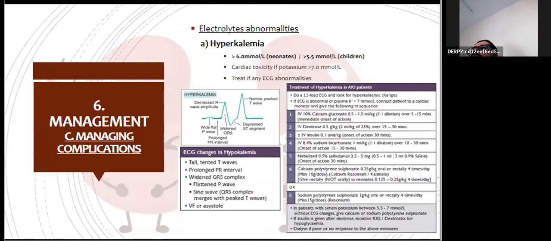So this will reduce the potassium, because always when you have acidosis, you have hyperkalemia. When you have alkalosis, you have hypokalemia. Except 2 conditions. Only 2 conditions have acidosis and hypokalemia.